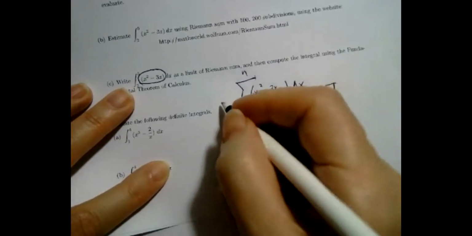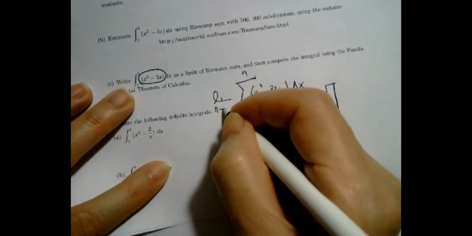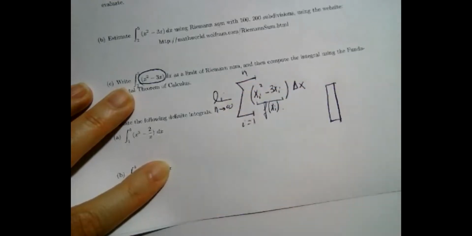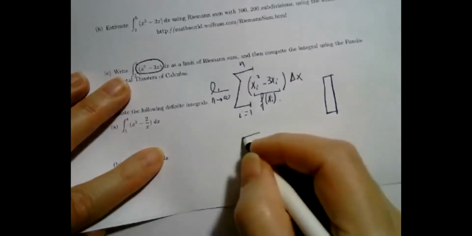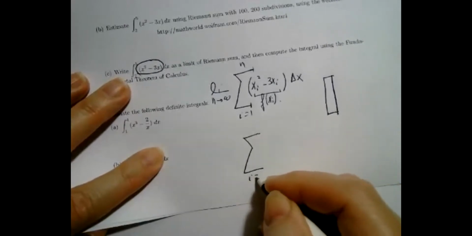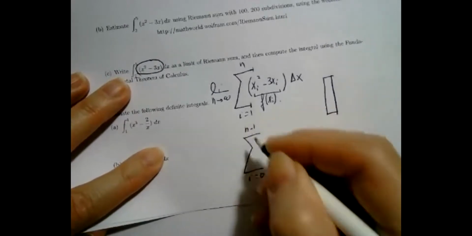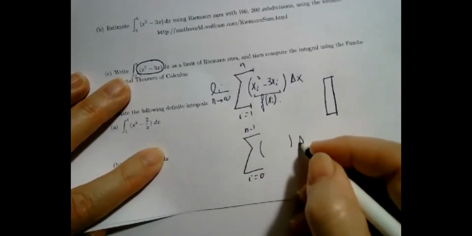So with the sigma notation, for the most part, it's going to go from i equals 1 to n. If you do the left sum, it means you go from 0 to n minus 1 of the same thing. That's the only difference. Would it then be x sub i minus 1?